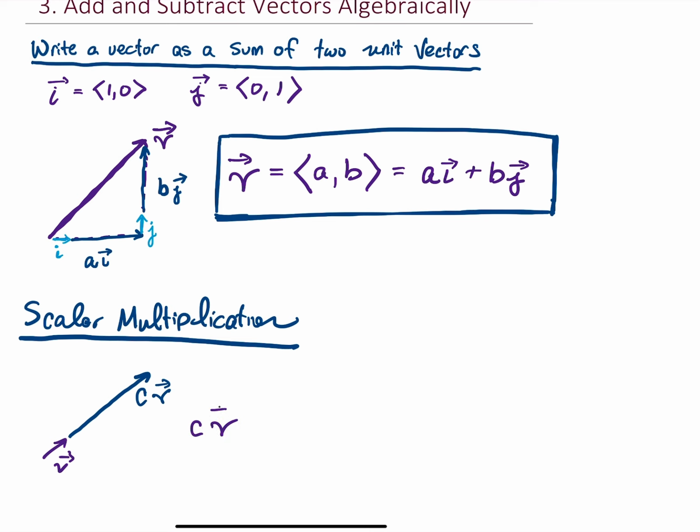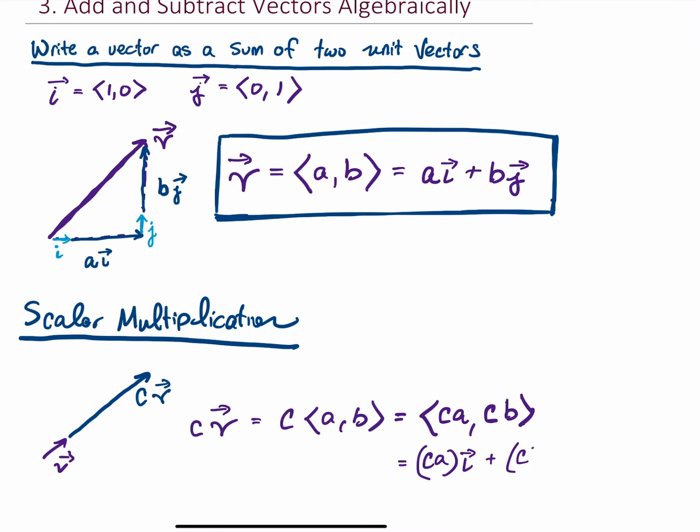So c times the vector v, well, the vector v we can write in its component form, a, b. So the c will essentially distribute to both terms. This would become c times a, c times b. Or writing it as a sum of two unit vectors, this would be c times a i plus c times b j.